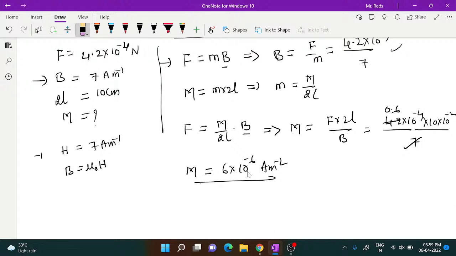B is equal to mu naught H. Because this is the one.